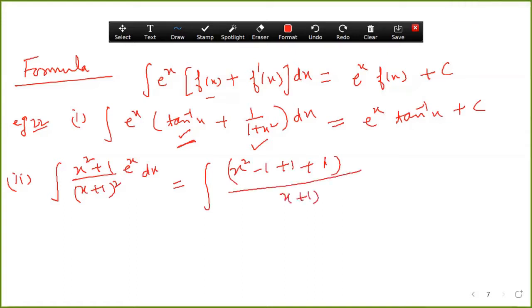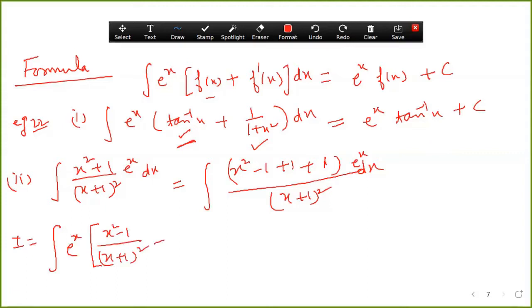Now split the denominator like this. E to the power x, in bracket, you can write x square minus 1 upon x plus 1 whole square, plus 2 upon x plus 1 whole square, with respect to x.